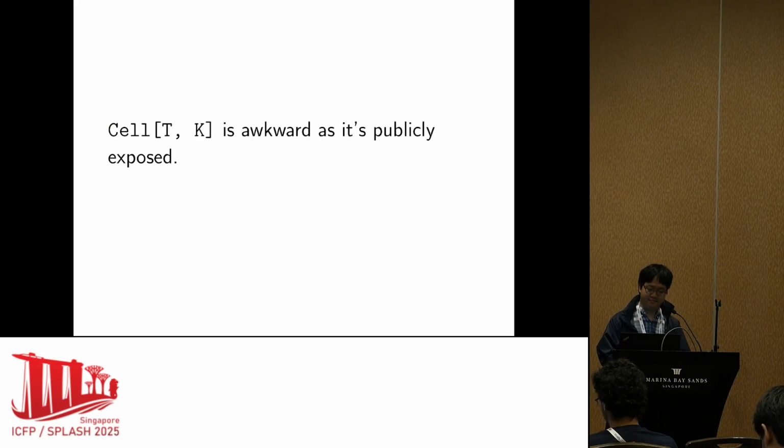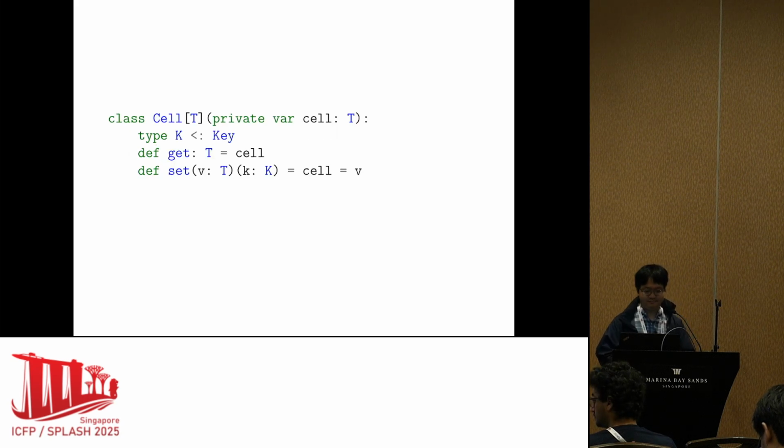And that's good. Now, there's a bit of a flaw to this approach, which is that Cell[T, K] is awkward because the key type is part of its public signature. I can't reuse this code in the setting where I had Cell[T] before, because now I've got this second type parameter. How do we fix that? Scala has support for type members.